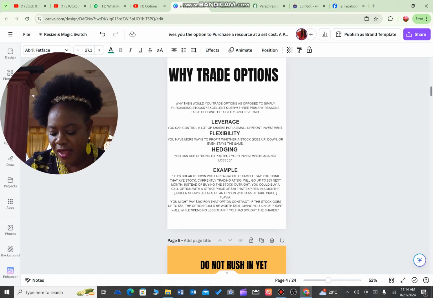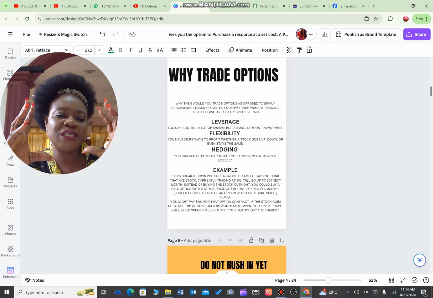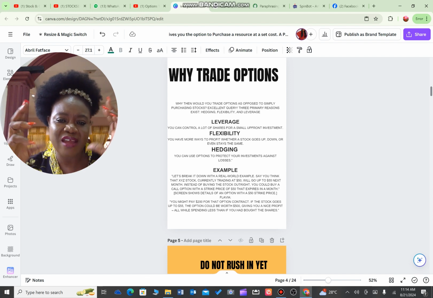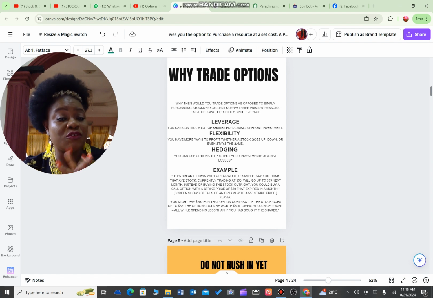So you buy a call option, and the option price is $400, expiring on the 23rd of August, 2024. This is why options trading is very attractive: even when you don't have a lot of money, you can trade options.